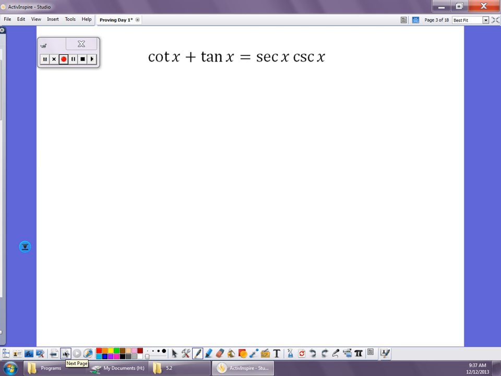All right, take a look at this one. Very similar setup, right? What do you think the first step should be? Do the left side, and what should my first step be? Sine and cosine, right? So once you're here, what do you think you would do?